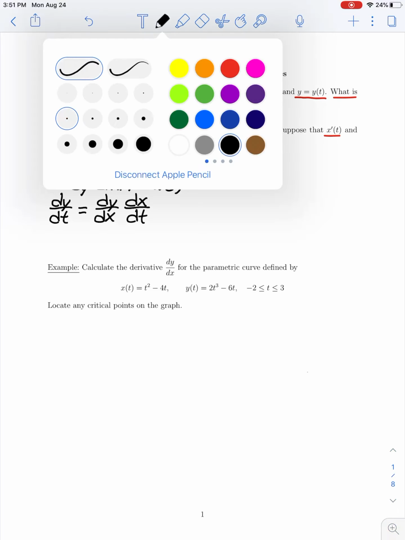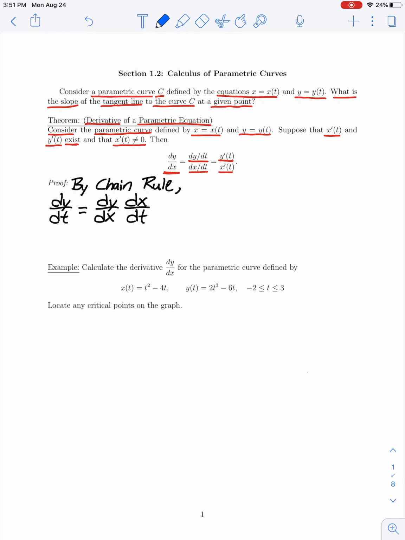In the event that x prime of t, or the derivative of x with respect to t, is something other than 0, then I can take this equation and divide both sides by the derivative of x with respect to t.